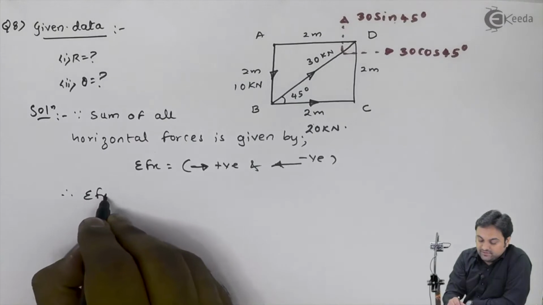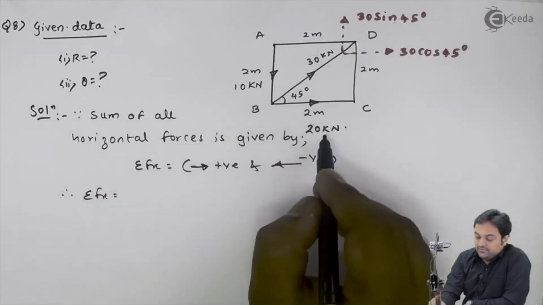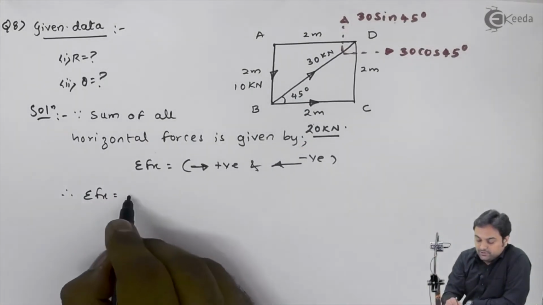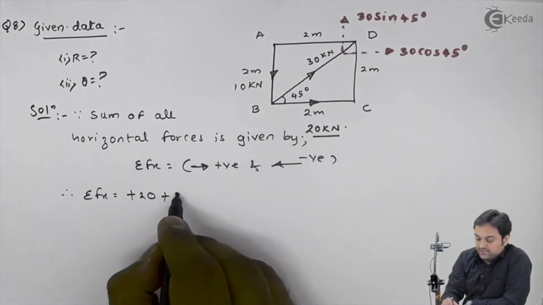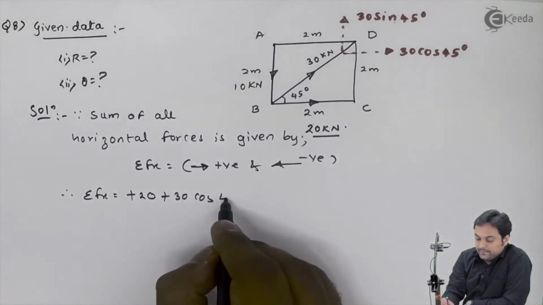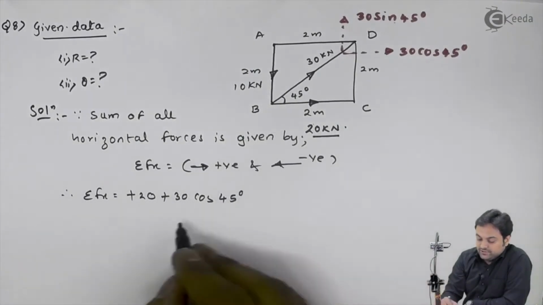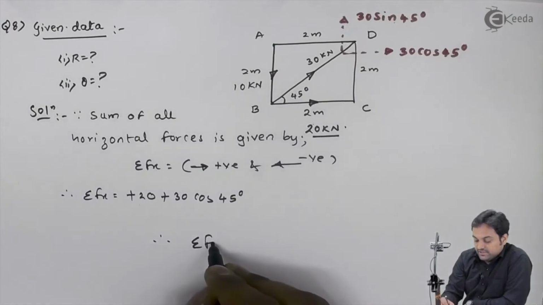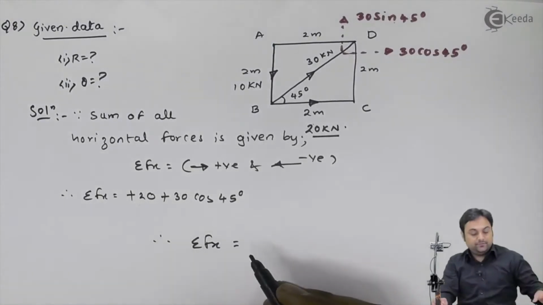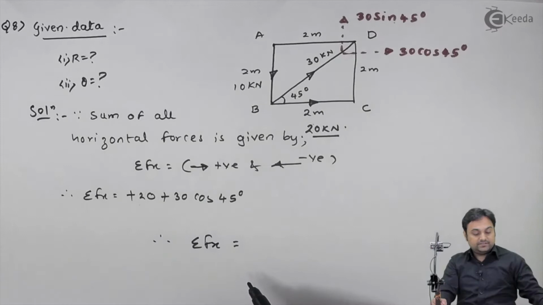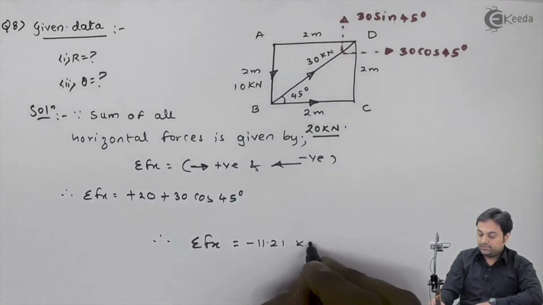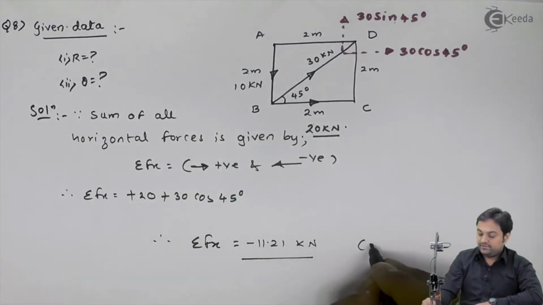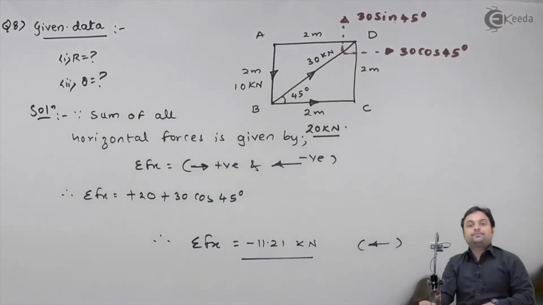Hence summation Fx will be, here I have 20 kilonewton as horizontal towards right, so positive, 30 cos 45 towards right, so positive. Only these two horizontal forces are there. So if I calculate this, I will be getting my summation Fx value. In this case it is minus 11.21 kilonewton. Negative means it is acting towards left.